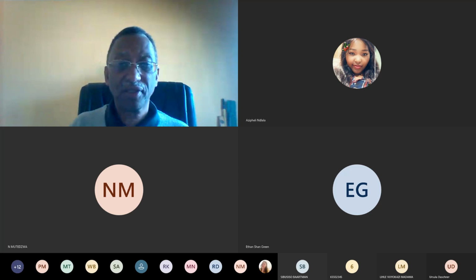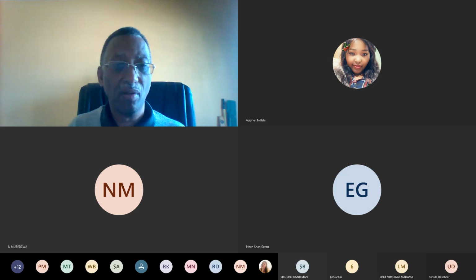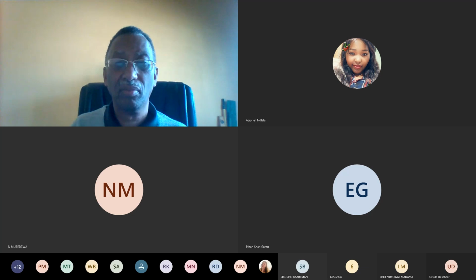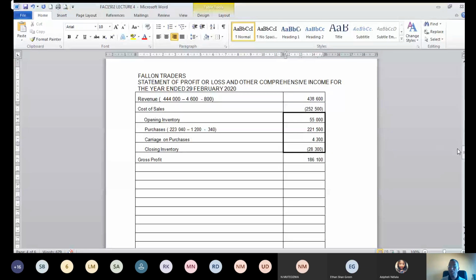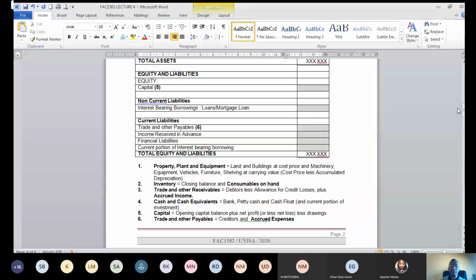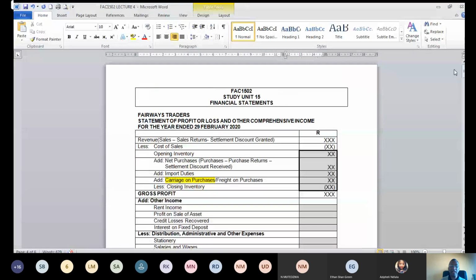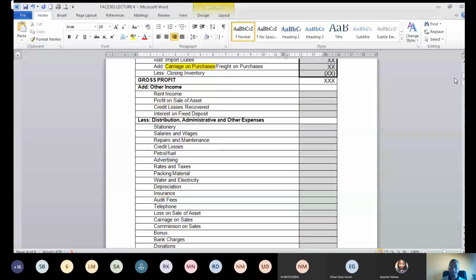Right, we are back onto our notes. And in the notes now, back onto the format, and we are discussing the format now on page 1. So we have come as far as the gross profit is concerned.